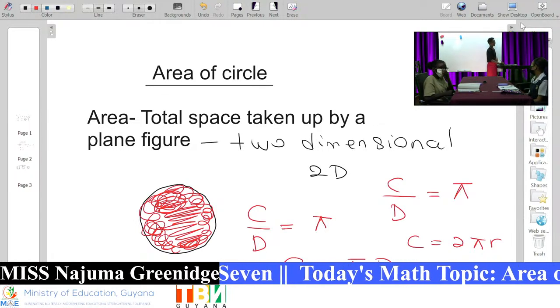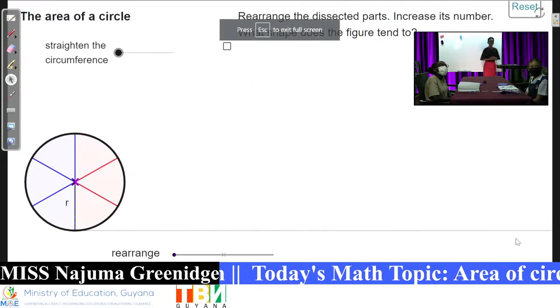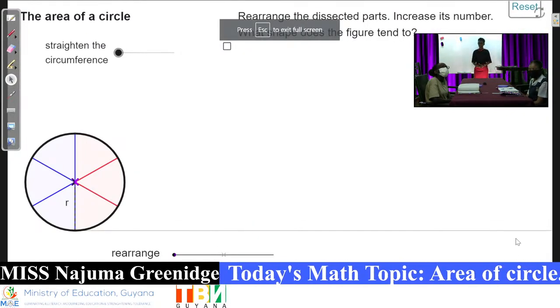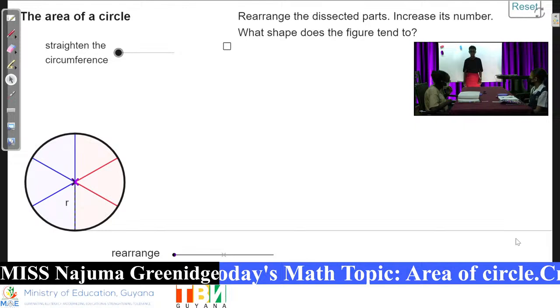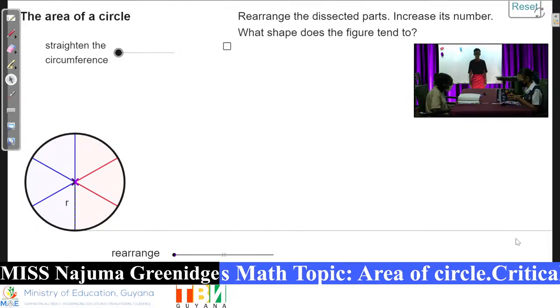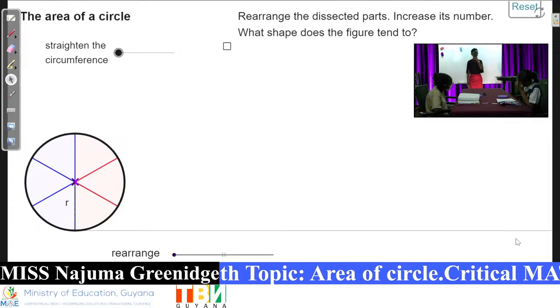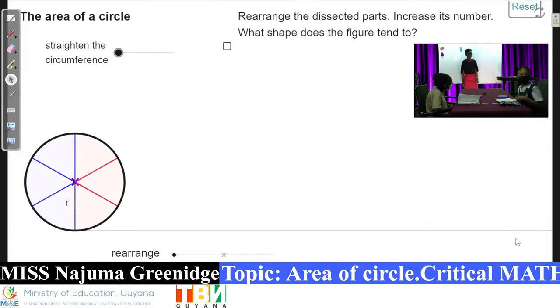Alright, so our focus today is on area of a circle. And so I have an activity here. Alright, so in front of our girls here, Alicia and Azaria, we have a circle. And the circle is divided into sectors, just like our figure that you're looking at.